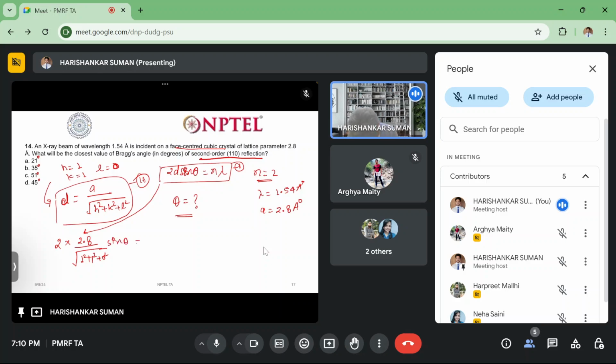We have to find the value for the second order. The units cancel out.